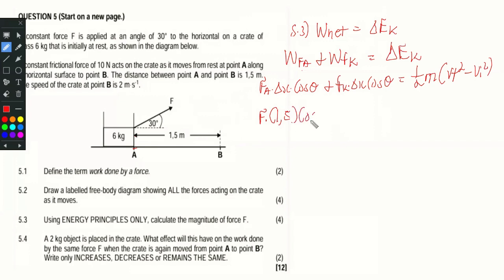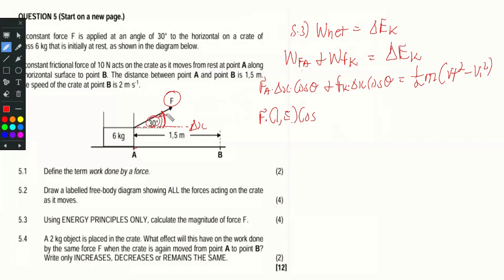But then when it comes to the angle, note that the angle between the force and the displacement will no longer be 0 degrees here because the force is being applied at an angle, right? So if this is our displacement here, because the object is moving to the right, the angle between the displacement and the force in question is now 30 degrees.